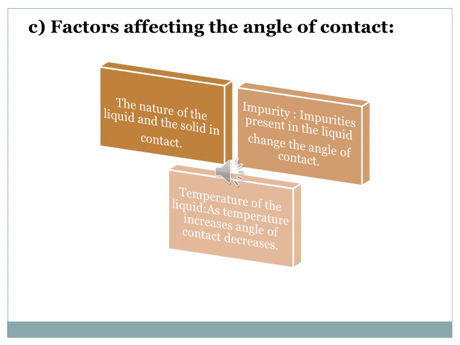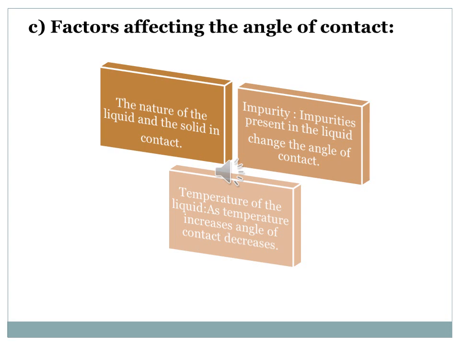Now, we are going to consider a second example. When the impurity is partly soluble, for example, detergent or phenyl, what happens in that case? When detergent is added to the liquid surface, we are going to consider it as water itself. When we add detergent to water, what happens? It is partly soluble, partly not soluble.